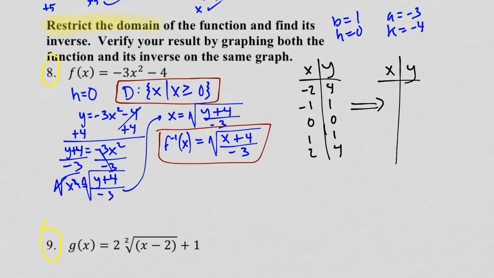This is the table for any quadratic function, right? So that means multiply times 1 and add 0. That doesn't do anything. So really we're not doing anything to the x values.